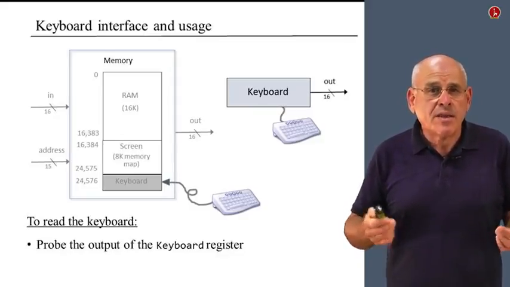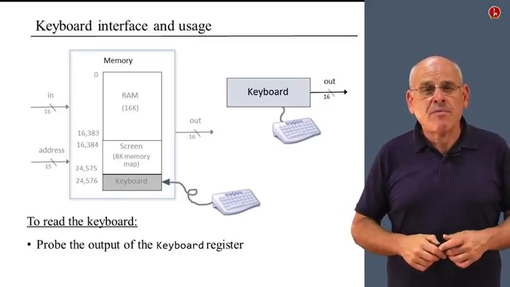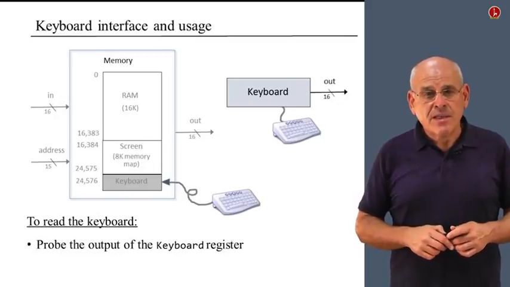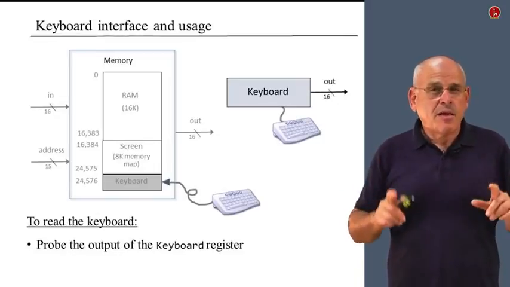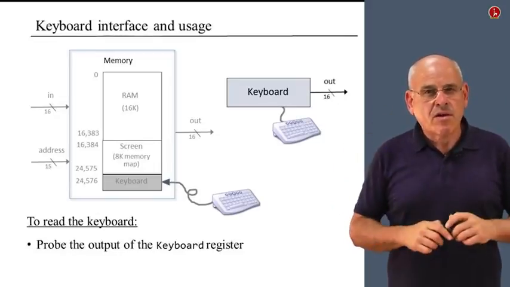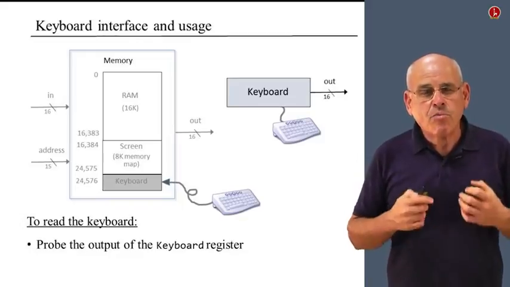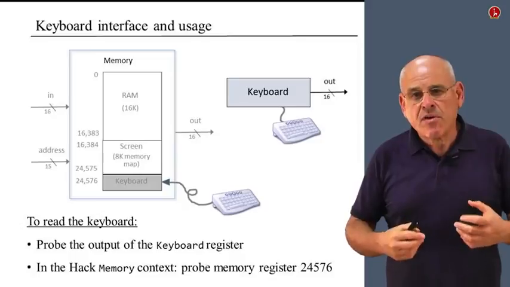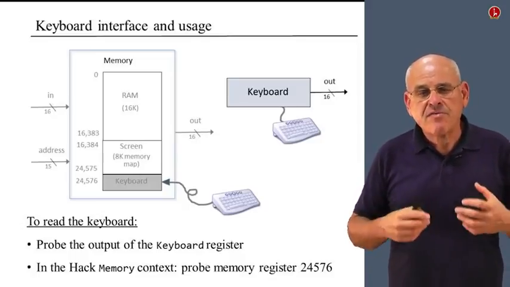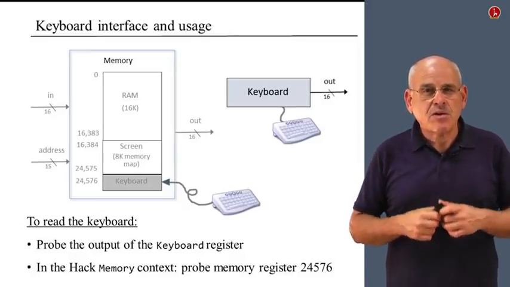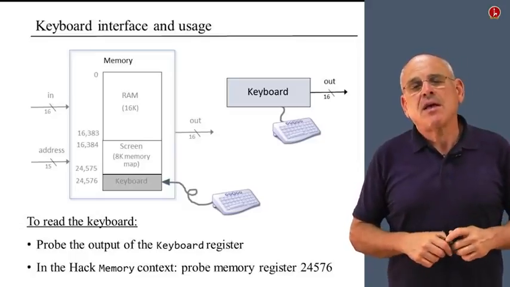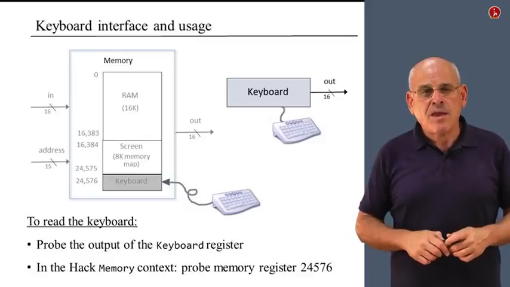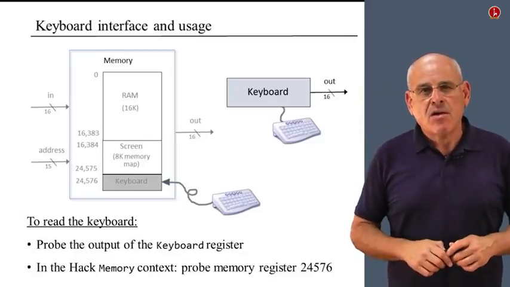So we can read what comes out from the keyboard, and from this information we know which key is currently pressed. But if we use the keyboard in the overall context of the HEC memory, we have to probe the contents of memory register 24,576, because this happens to be the address of the keyboard interface, or the keyboard memory map, within the overall address space of the memory unit.